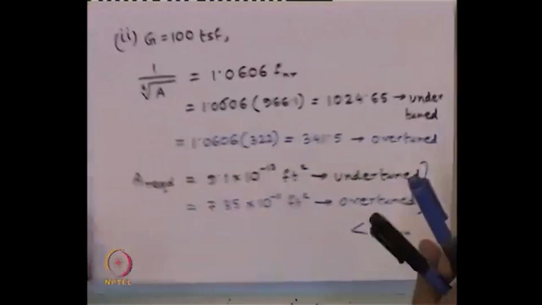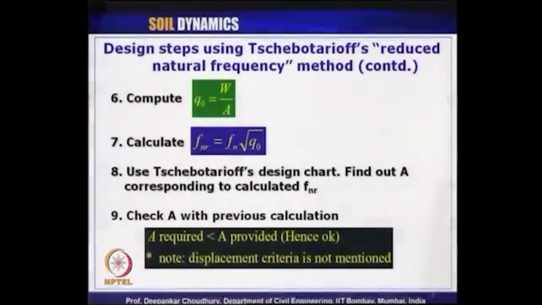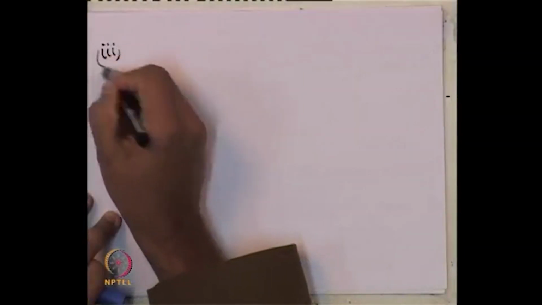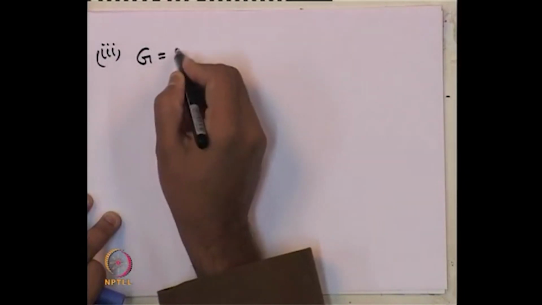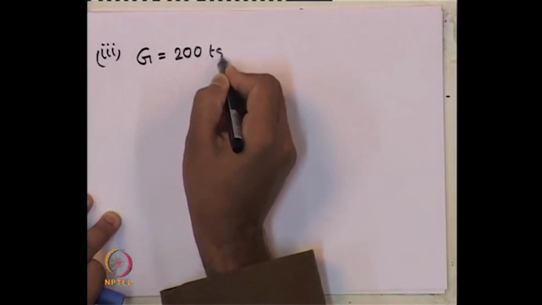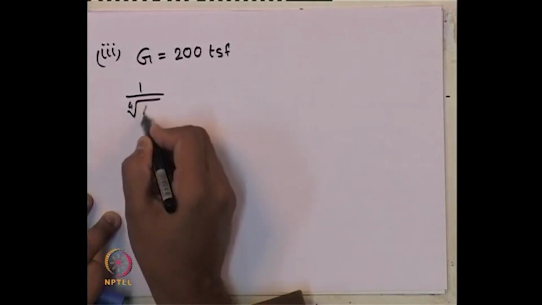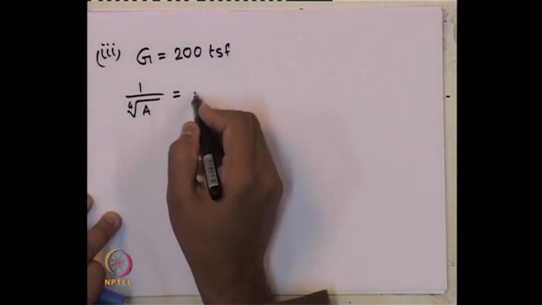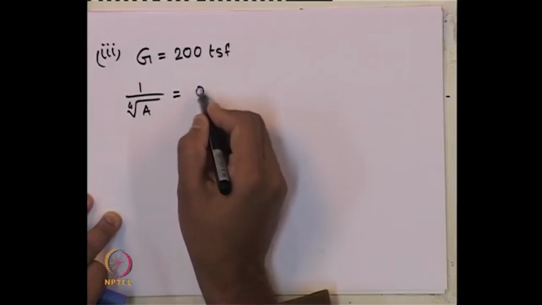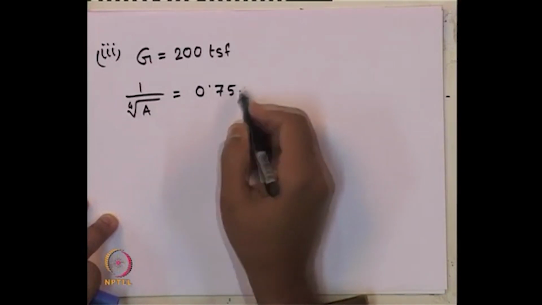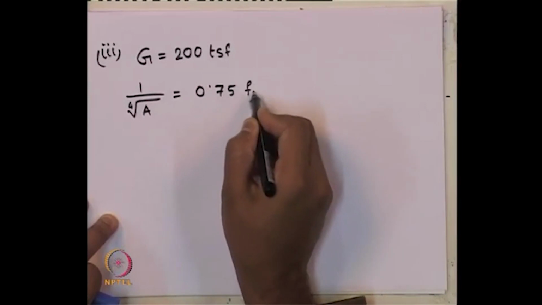Now, for the third type of soil, that is with G equals 200 TSF, what we got? This equals tan theta, we got as 0.75, right, times FNR.